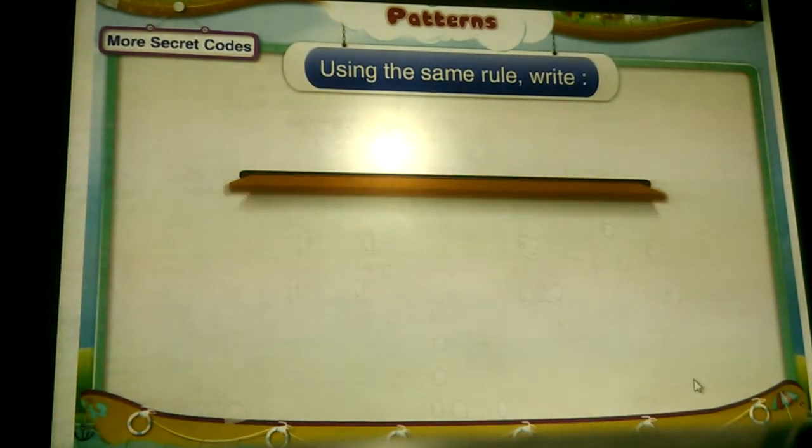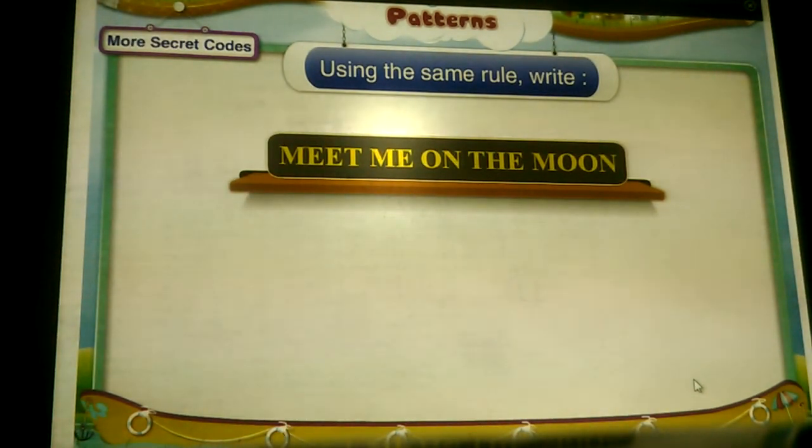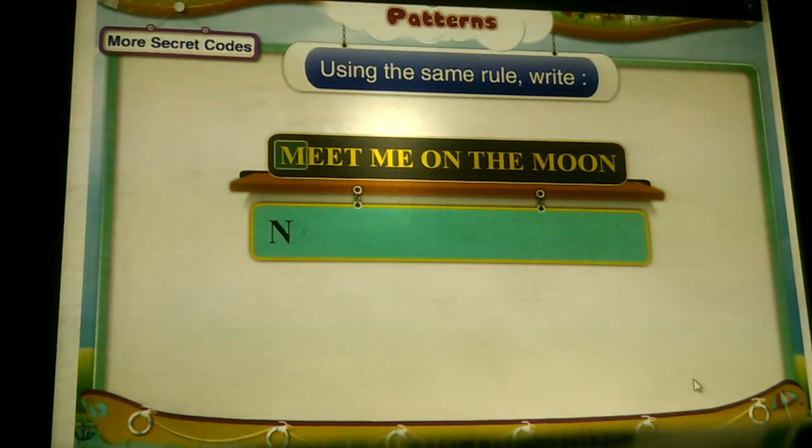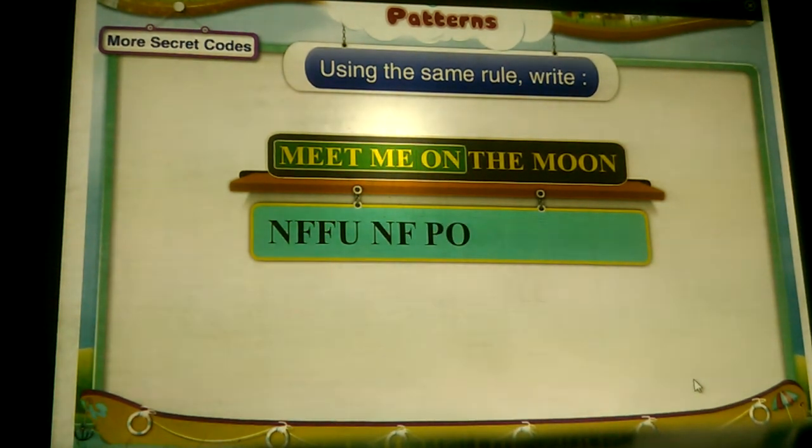Using the same rule, right? Meet me on the moon. It is NFFU NF PO UIF NPPO.